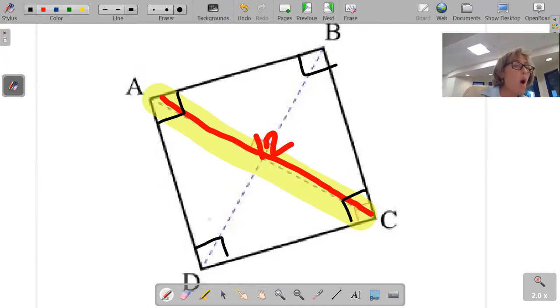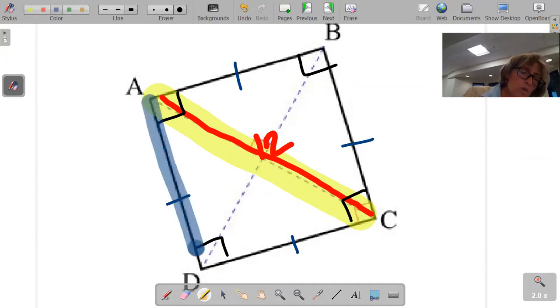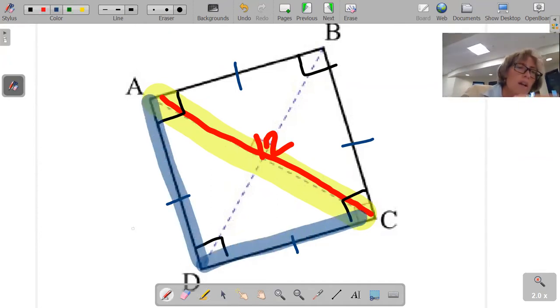A square also qualifies as a rhombus, so you have 4 equal sides. Which means if I have 2 equal sides, I have 2 equal angles, which forces it to be a 45, 45, 90, leg, leg, leg root 2.